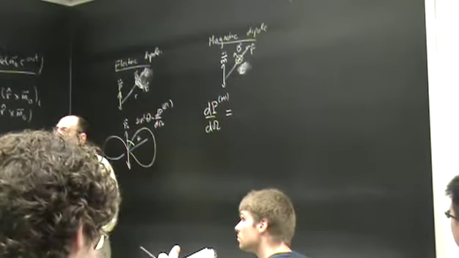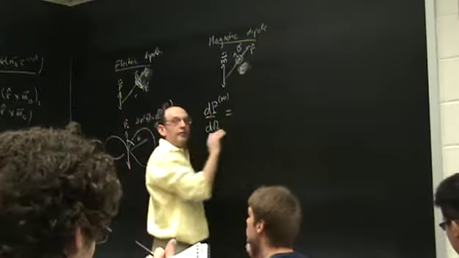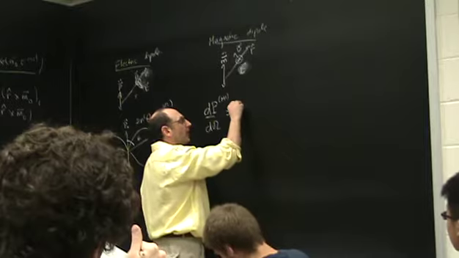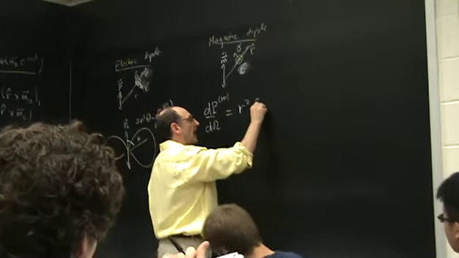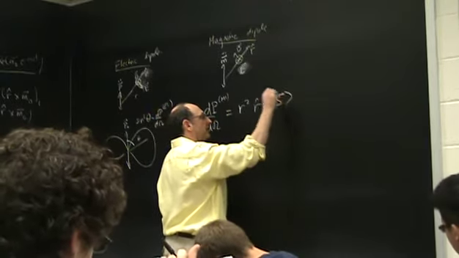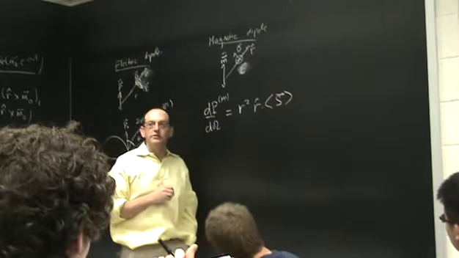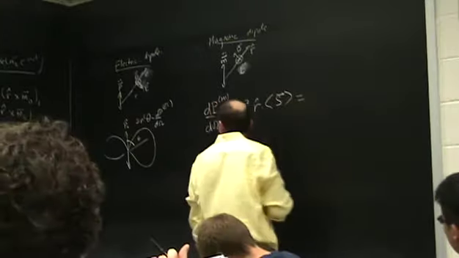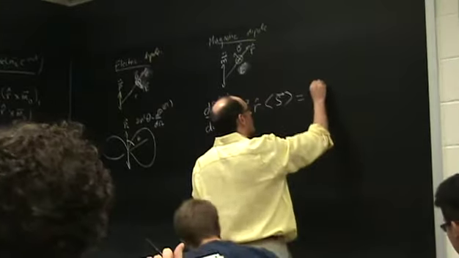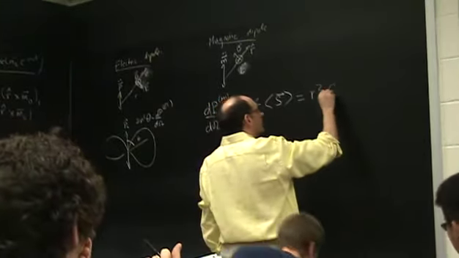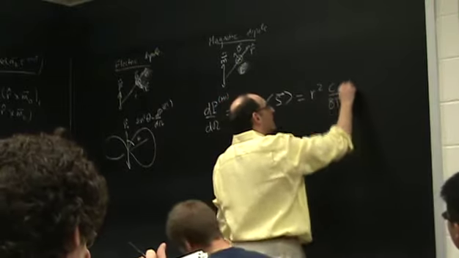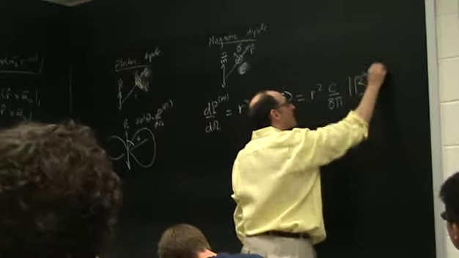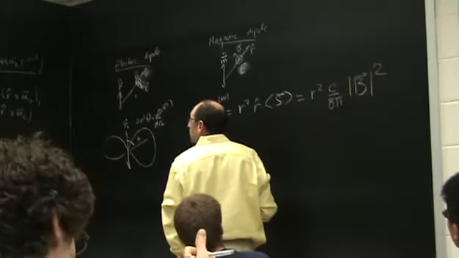Well, it's going to be equal to, from what we had before, of course, this is r squared times r hat times the time average Poynting vector, which is going to be equal to r squared times c over 8 pi, the magnitude of, say, B squared, or E squared, it doesn't matter which one we choose.